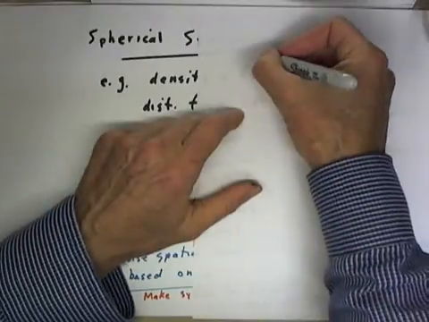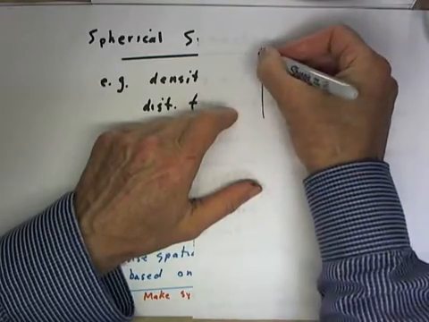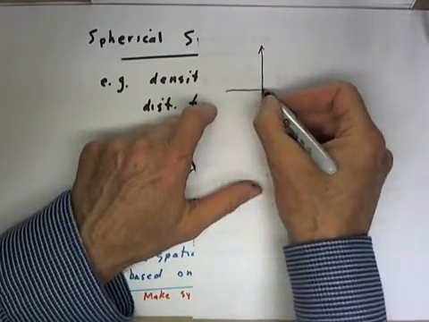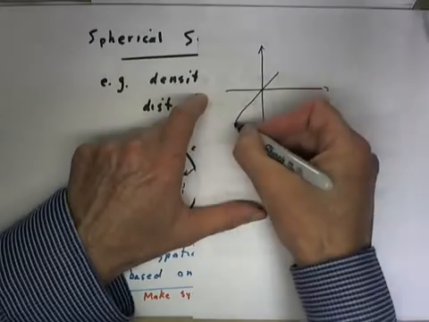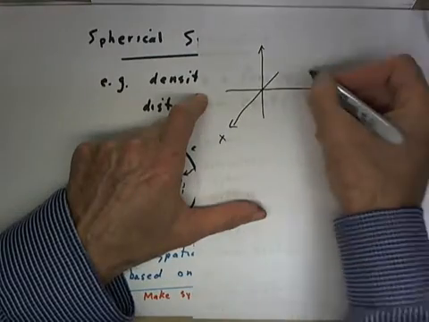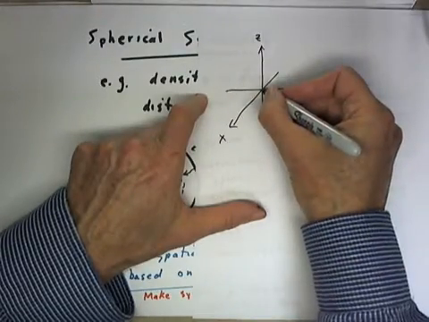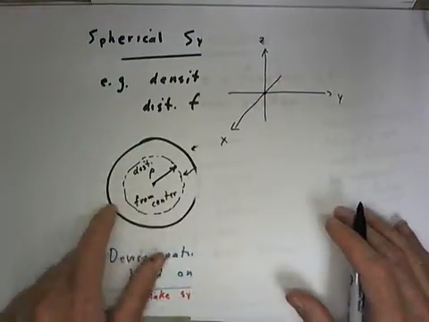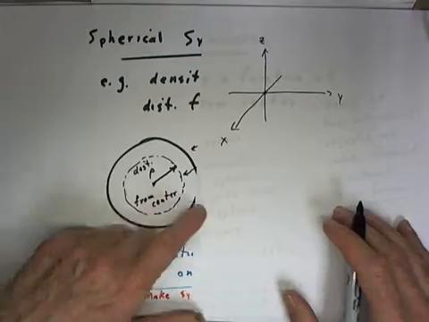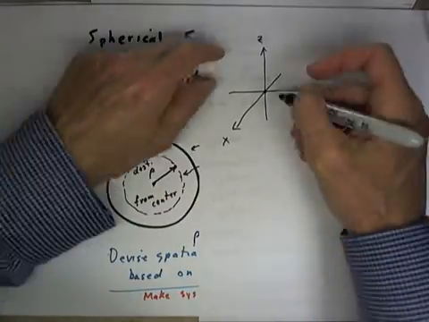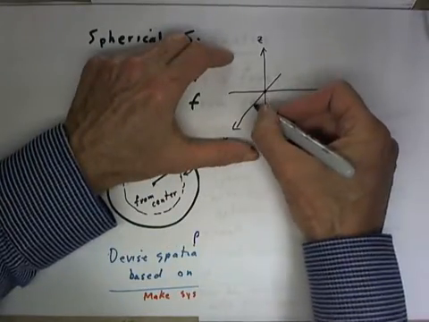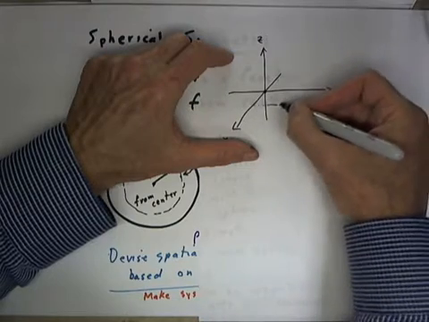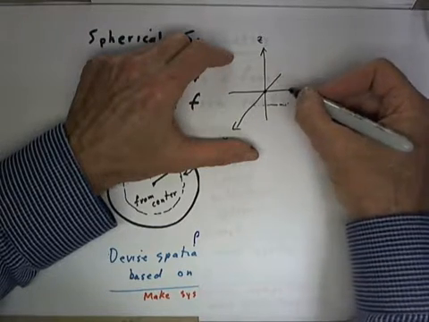So let's start off with one fairly straightforward observation. If we just go to our familiar XYZ coordinate system and identify the origin of that system with the center of our spherical system, then if we have a point, let's just represent it with coordinates x, y, z.